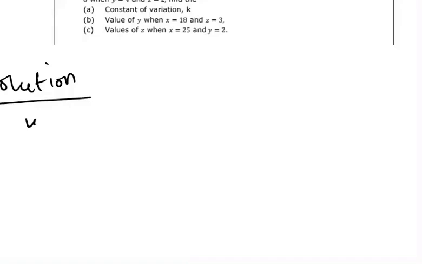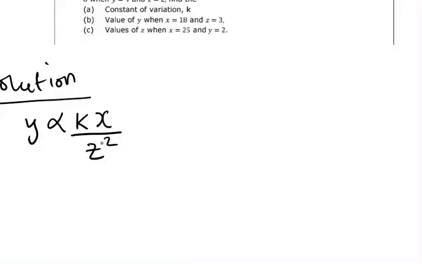First you put k, don't forget the k, constant of proportionality, varies directly as x, and inversely as the square of z. So z will come here, z squared.